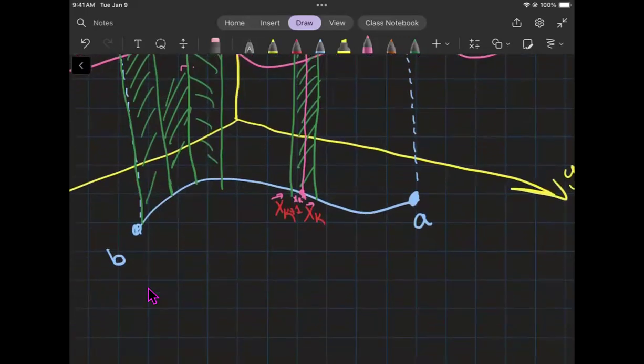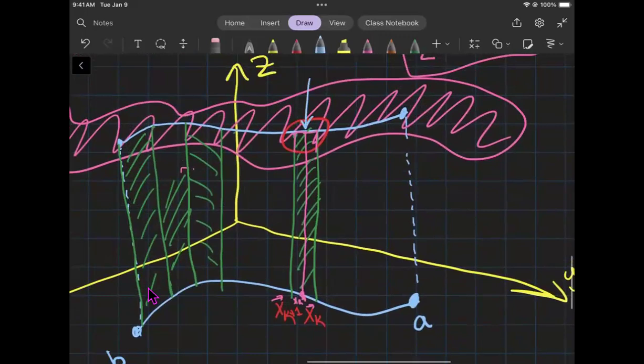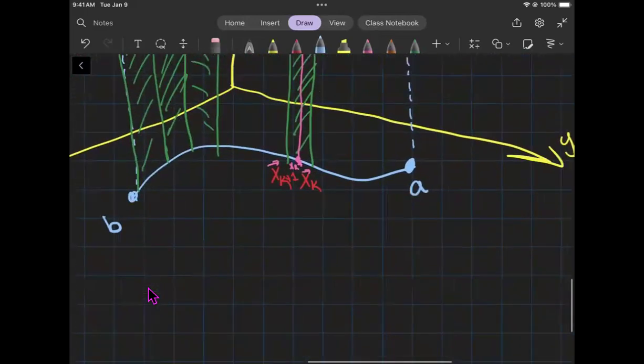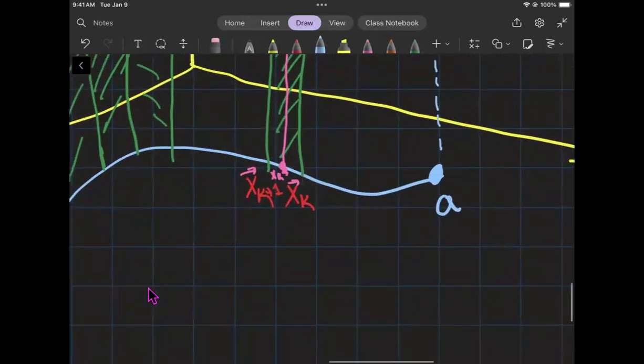Okay, so that's number one. And number two is we want to figure out the width of this curtain. Since our segment is curved, we are going to look at the width of this curve with respect to the arc length of this curve.